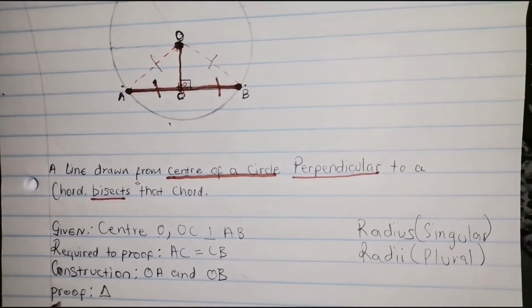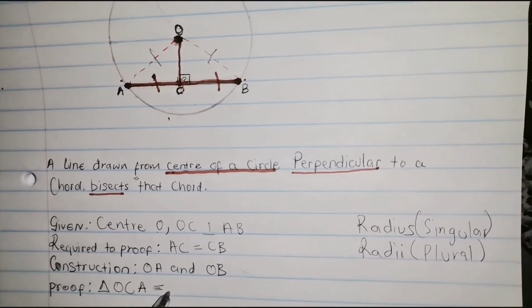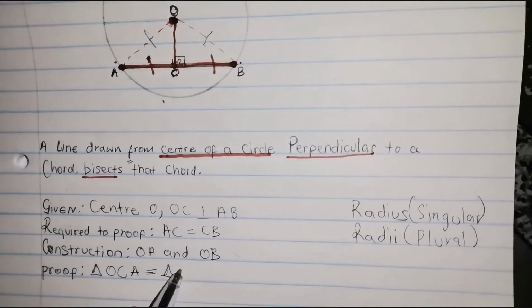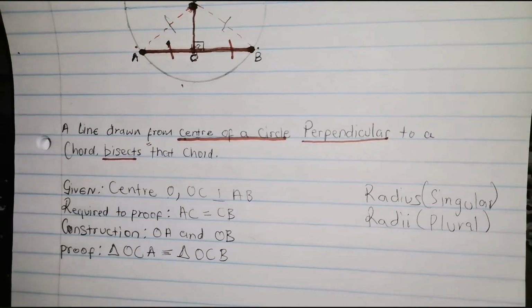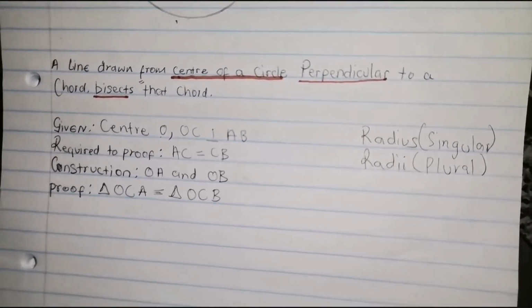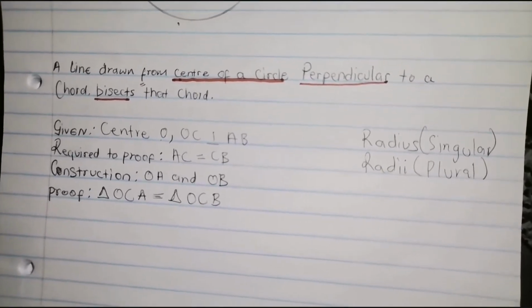So we have triangle OCA that is congruent to triangle OCB, guys. I hope you understand what I'm talking about here, and that you have an idea of how you're going to proceed. You can pause the video and prove congruence.